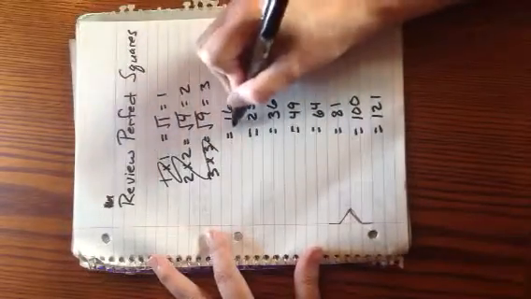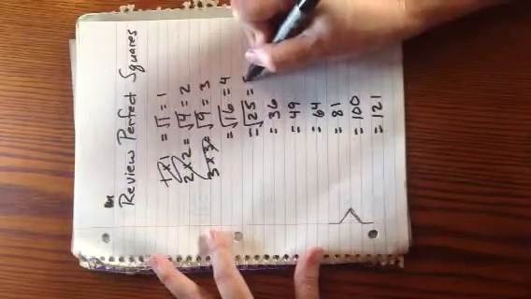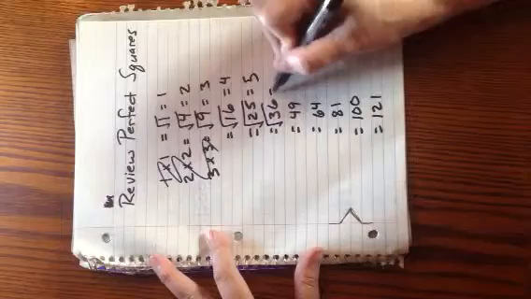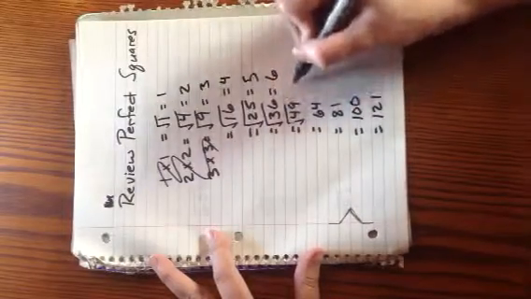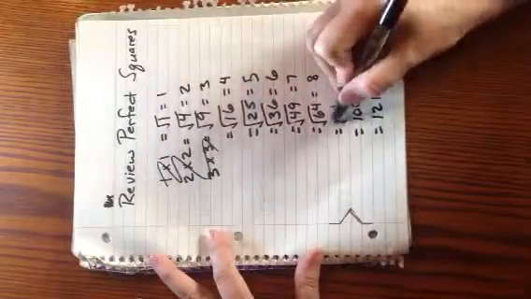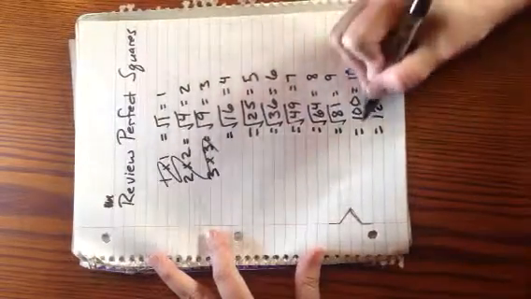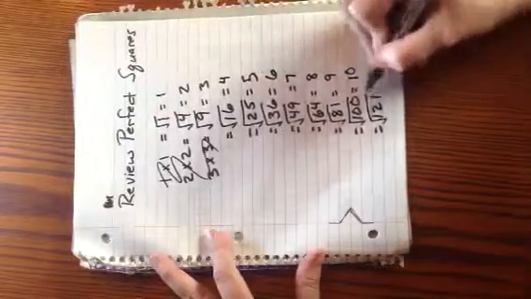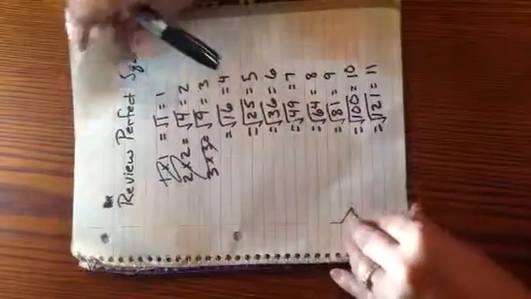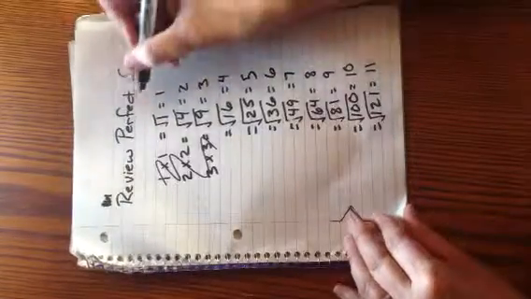So again, we're just going to worry about these numbers here, and it sounds like I'm saying this over and over and over, but I am, because it's super, super important. So this list of numbers we're going to take out, and we're going to look at them when we need them.